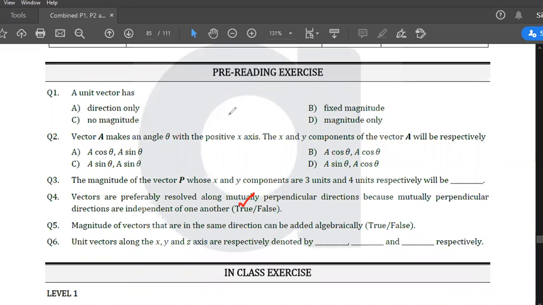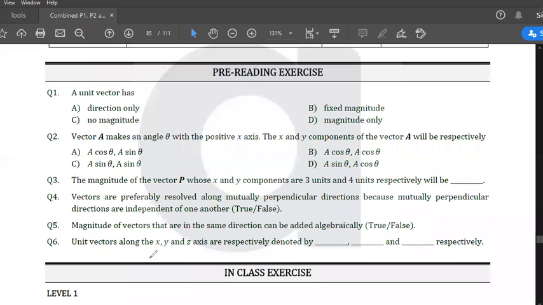See, vectors can be resolved in perpendicular direction, na? Right? Whenever we resolve a vector, we resolve it in perpendicular direction, x, y, because they won't have effect on each other, right? X component cannot have any effect on y component, and y component will not have any effect on x component. Got it?